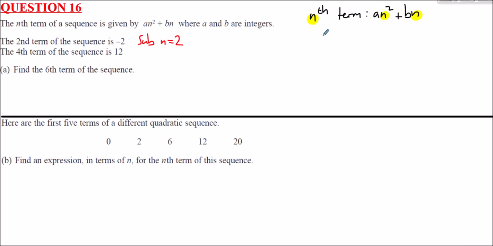In other words, a times 2 squared plus b times 2 equals -2. In other words, 2 squared is 4. So 4a plus 2b is -2.